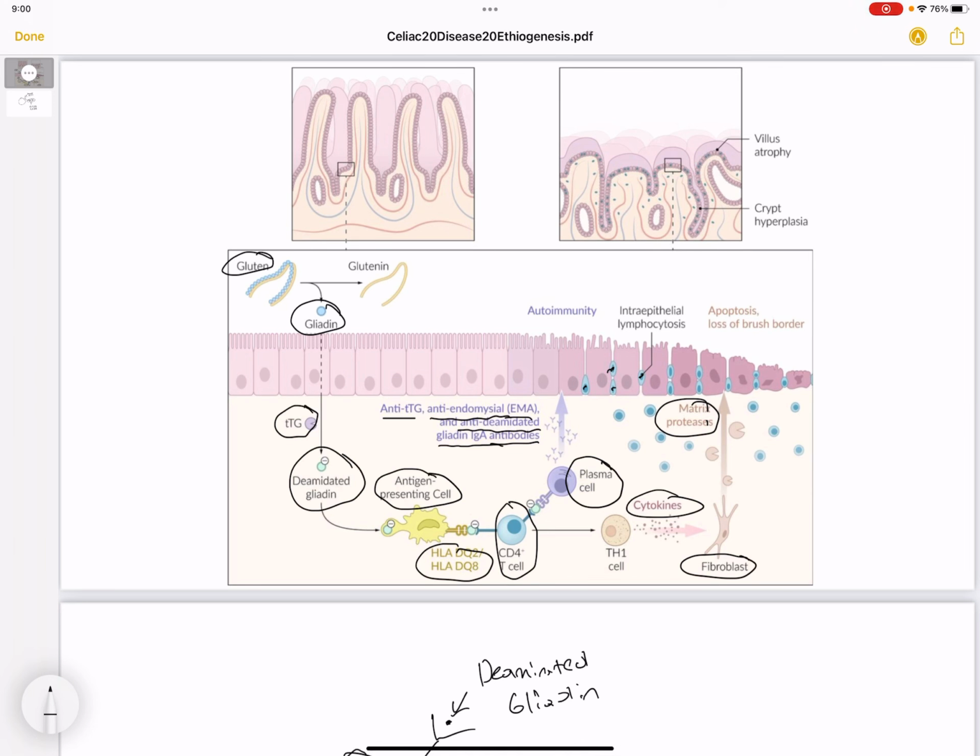And this is going to result in malabsorption of nutrients. This is called intraepithelial lymphocytosis. It's basically the finding of lymphocytes within our brush border. And as a result, it is going to ultimately result in the loss of the brush border.